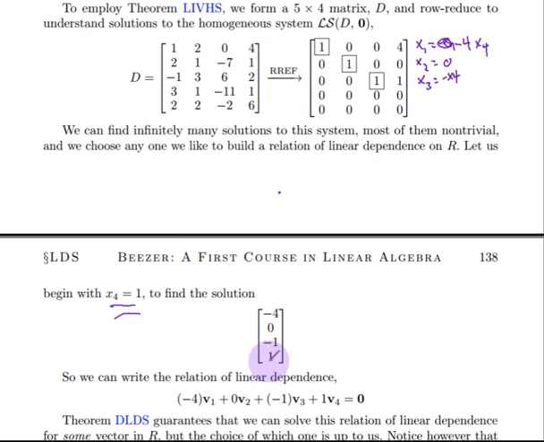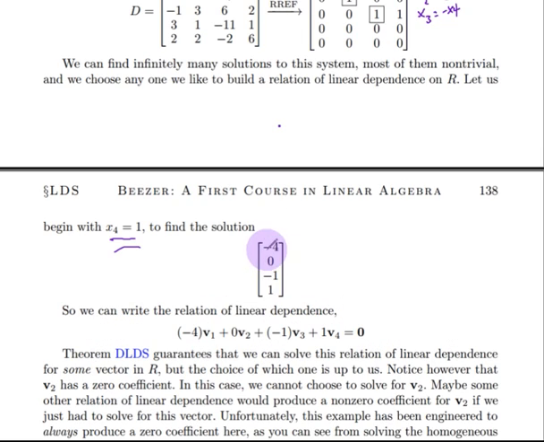So this solution indicates that these vectors, the column vectors in this matrix, have the following linear dependence relationship. These coefficients, as we've seen before, come from the vector solution to that matrix equation.